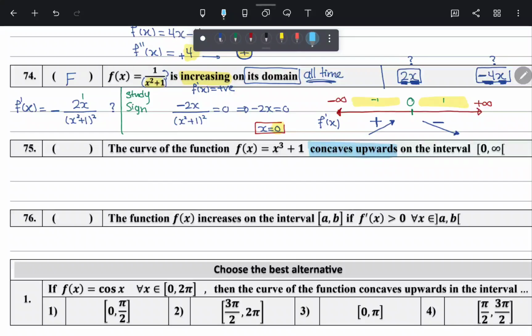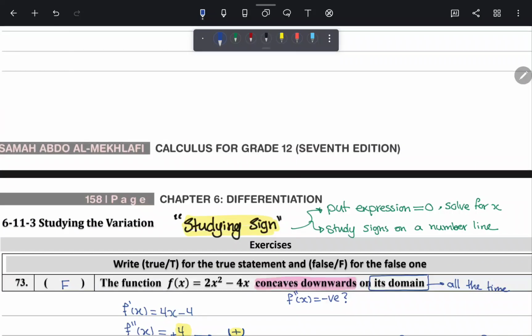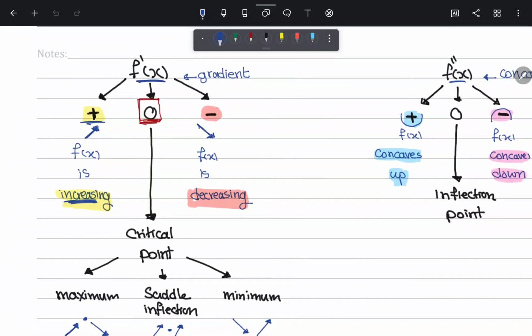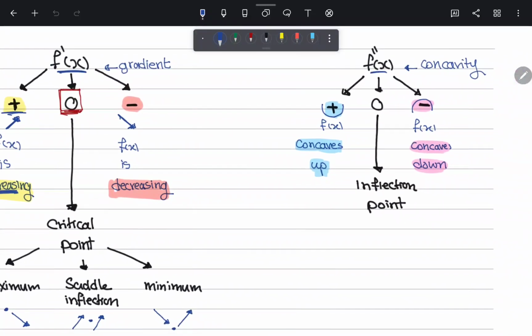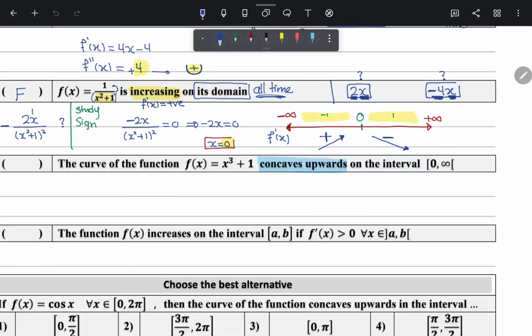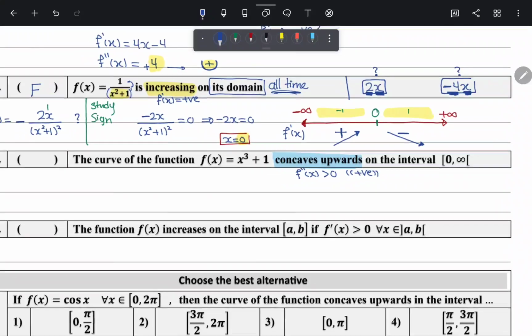Concaves upwards. First, we do increasing, decreasing. Concaves upwards and the second derivative must be what? Must be positive. So we want to check if the second derivative is more than 0, or positive.